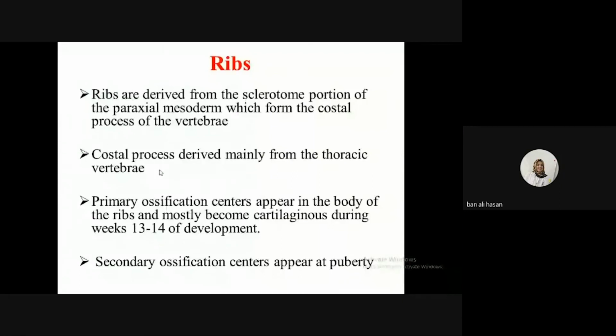So we said in general the origin for the skeletal system is the mesoderm and ectoderm. And if we come to the mesoderm, ectoderm is not complicated. Let's say there will be more differentiation.